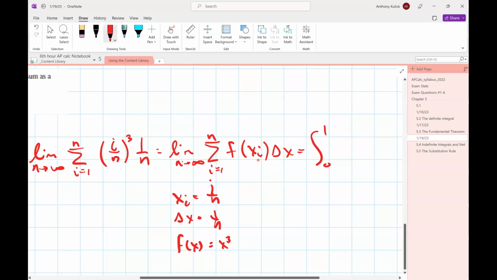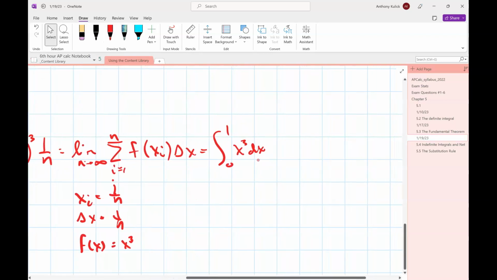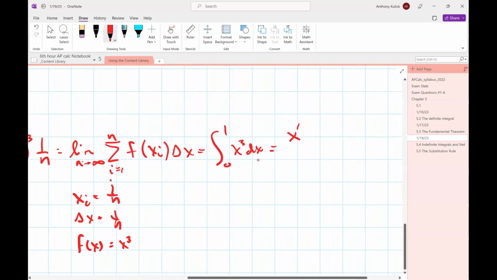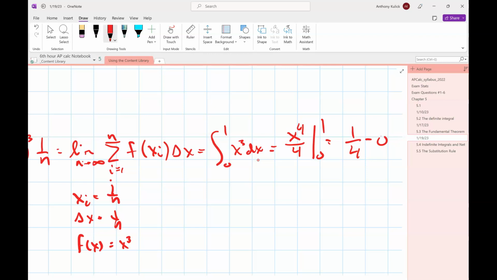So that's the integral from 0 to 1 of x cubed dx. And that's easy to do. So it's just 1/4.